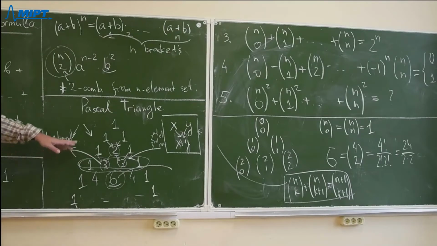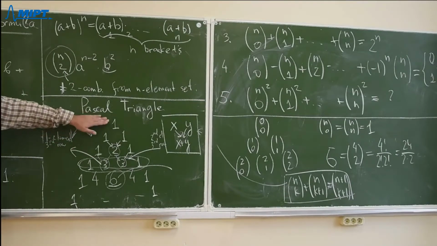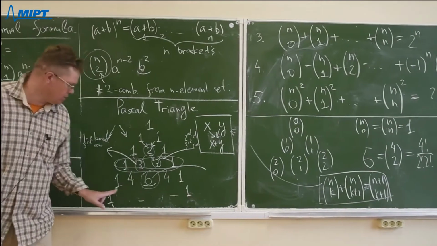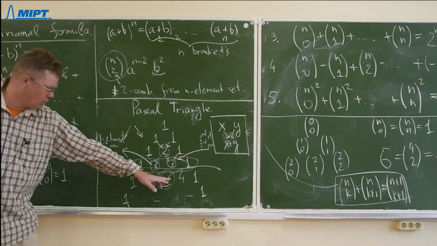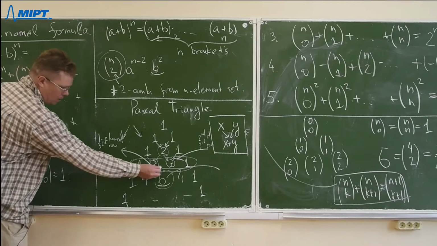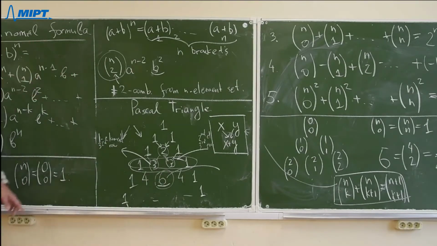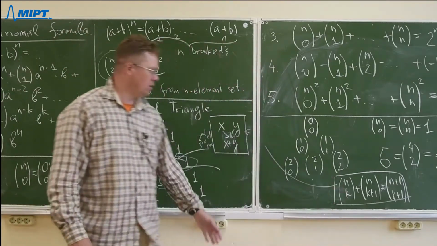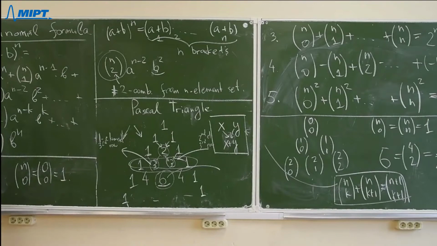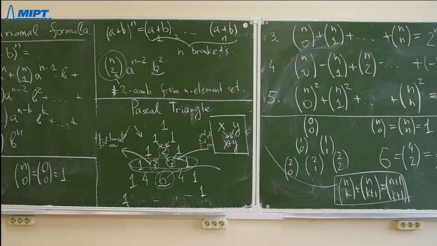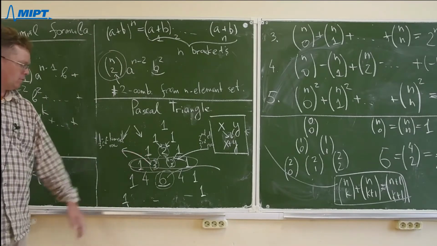I just look at this: it says that this is a binomial coefficient, and this is a binomial coefficient, and so all the ones are binomial coefficients. Then if I want to take an arbitrary number, I just look at the numbers above it and use the identity formula for the binomial coefficients that I wrote at the beginning of the lecture. Okay, so we proved that this triangle consists of the binomial coefficients.